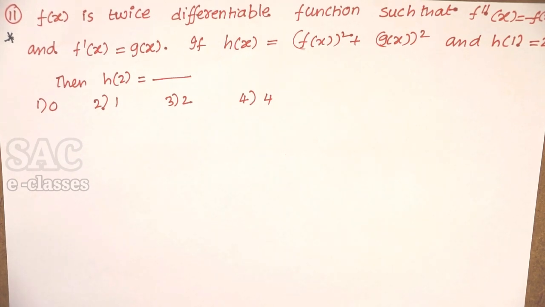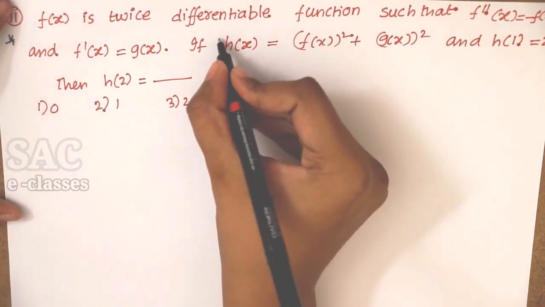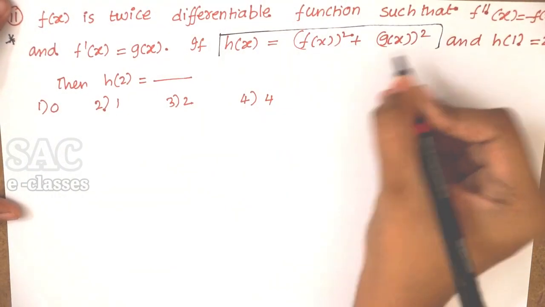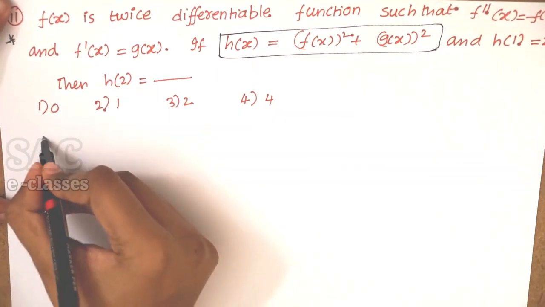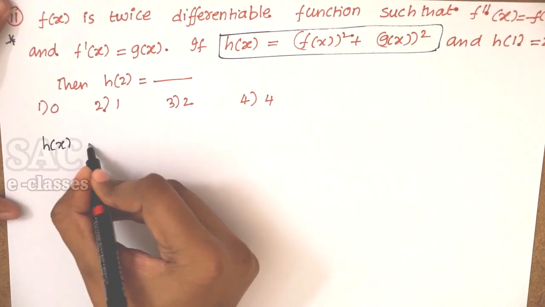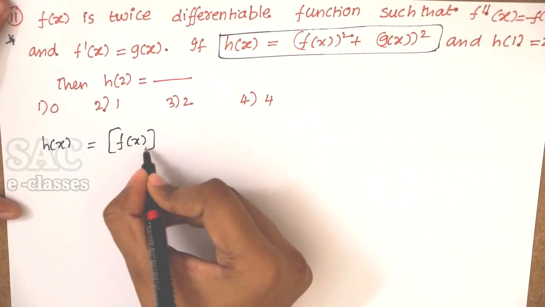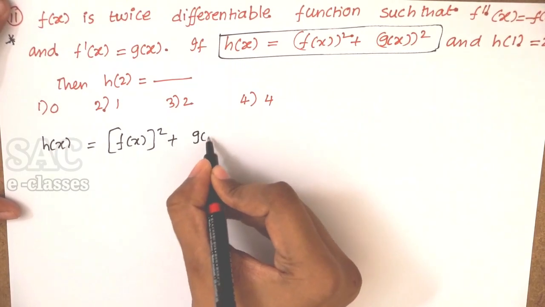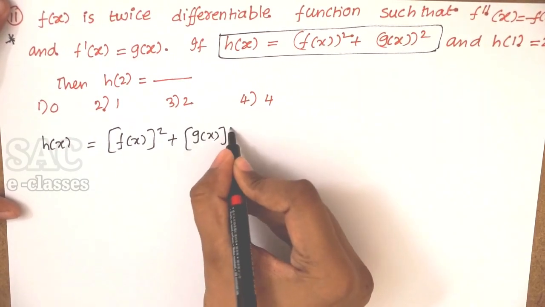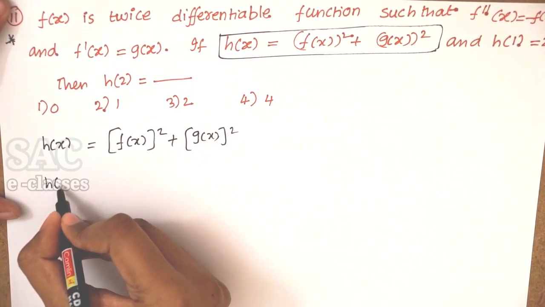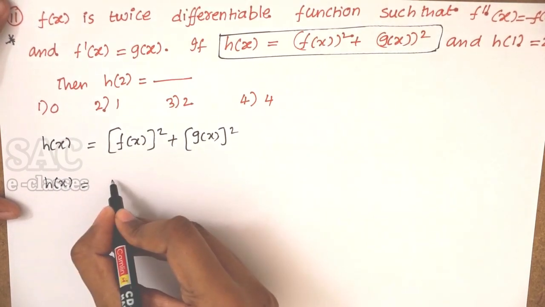For doing this one, first of all, what is the given condition? Just identify it and take that one. h(x), which is f(x)² + g(x)².